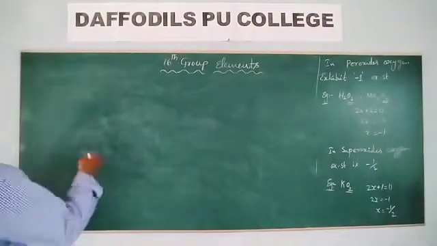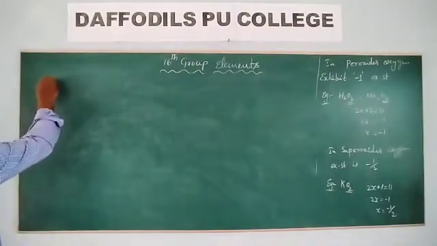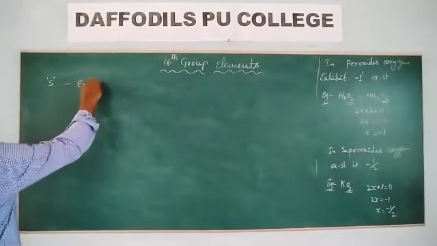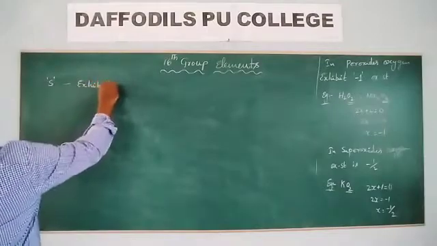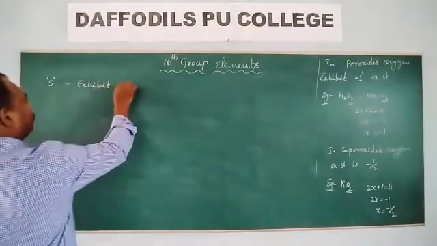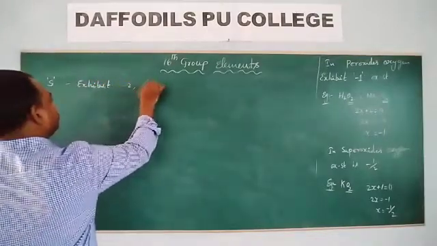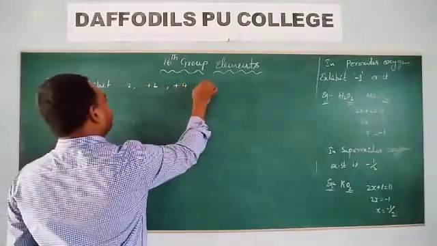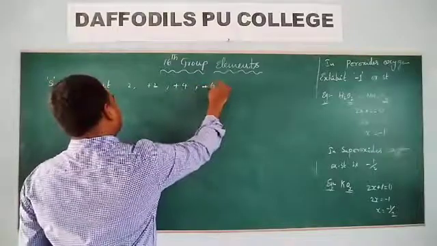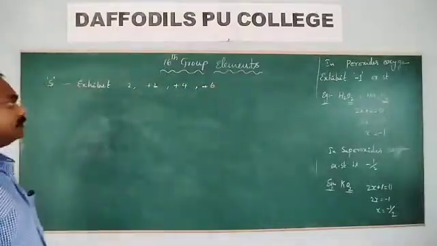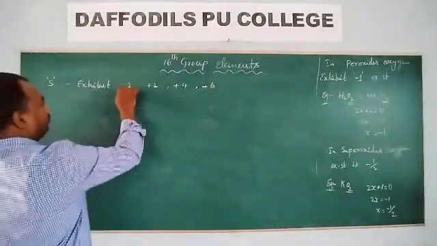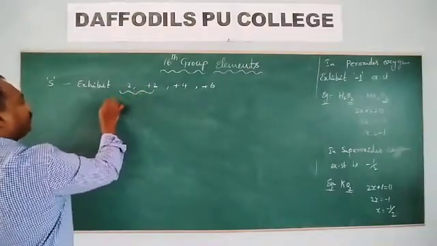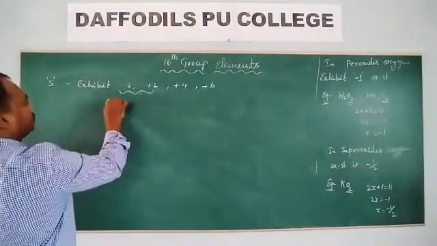Now the oxidation states of sulfur. Sulfur exhibits -2, +2, +4 and +6 oxidation states. The -2 and +2 oxidation states are shown in the ground state.